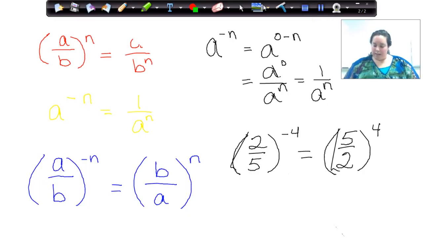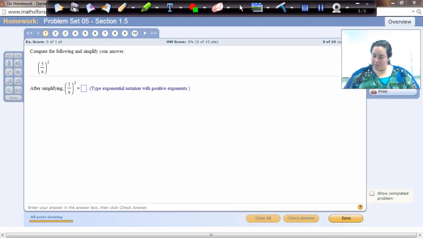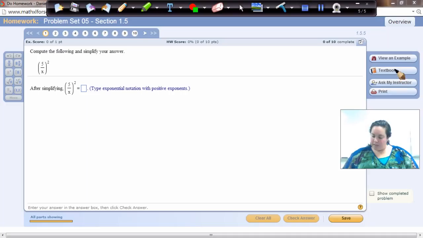All right. Let's go ahead and take a look at the textbook real quick. Let me move myself out of the way. In the textbook, you will find on page, sorry, my cursor is not working for the moment.